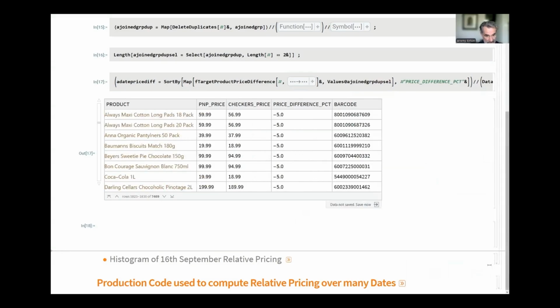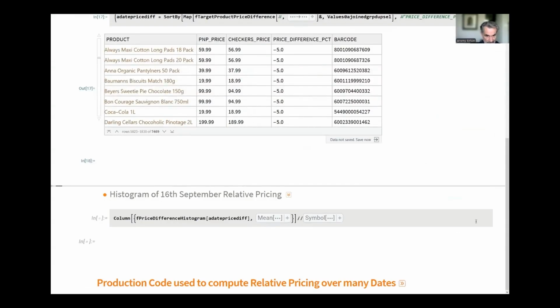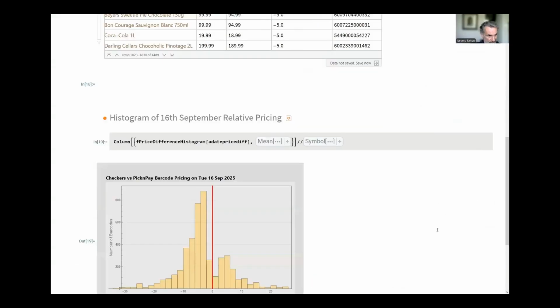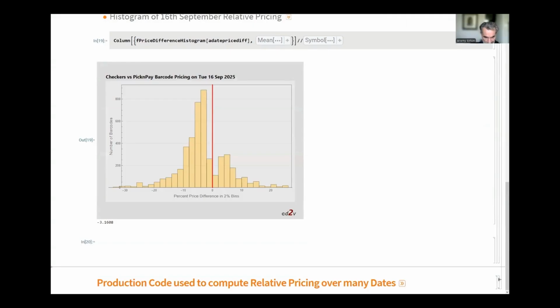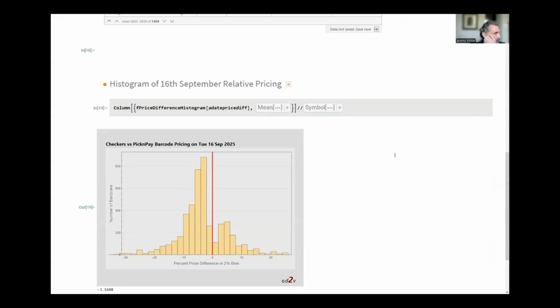We're now going to chart, and we're going to put those relative price differences in 2% bins in this histogram.